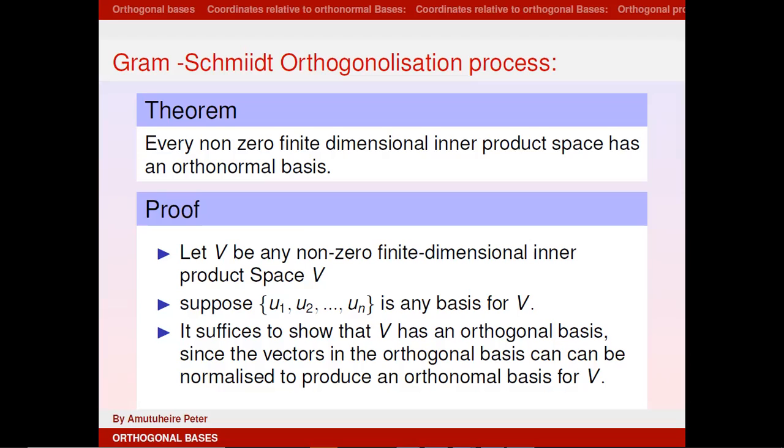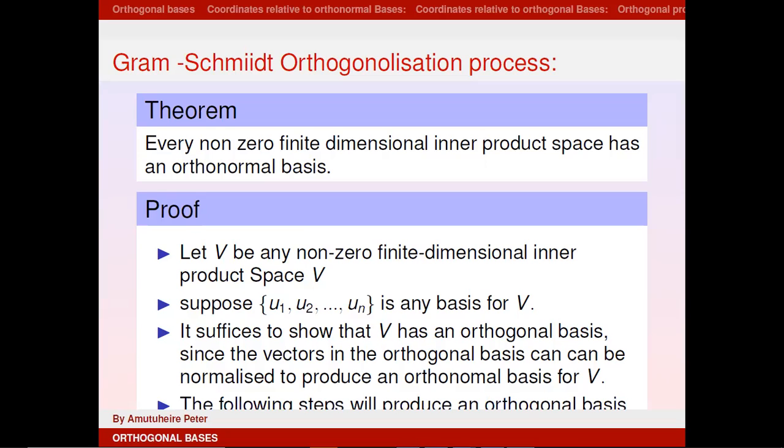So the rest of the work is to change any basis of V into an orthogonal basis. That process is what we call the Gram-Schmidt orthogonalization process. These are names of the mathematicians who first discovered this theorem.